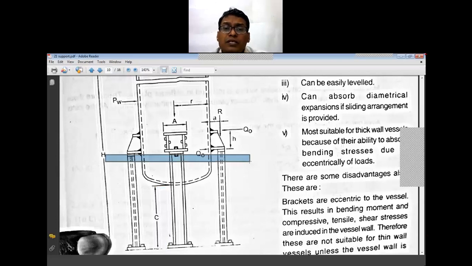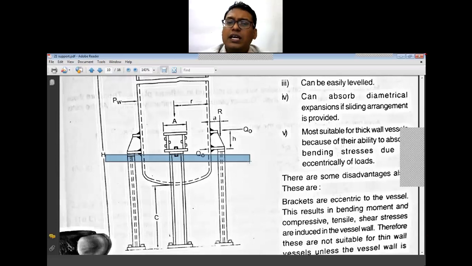Resting on the floor means, if it's a building, say on the second floor, we keep a hole, and the vessel rests on that floor with these brackets. So this floor will be acting as the rest for the brackets.